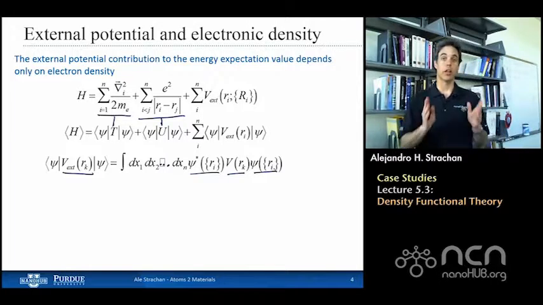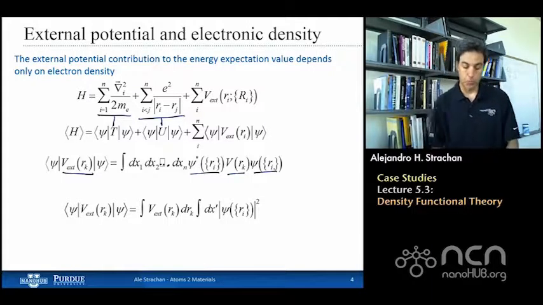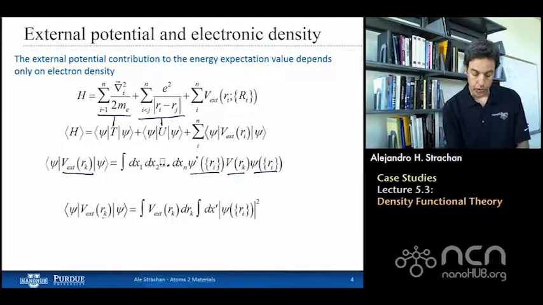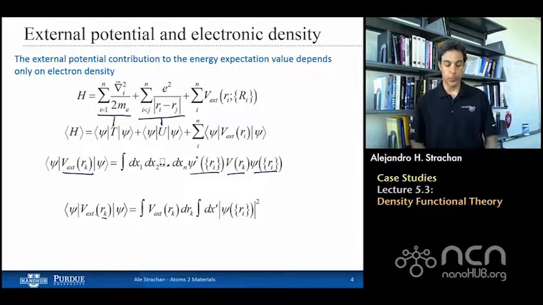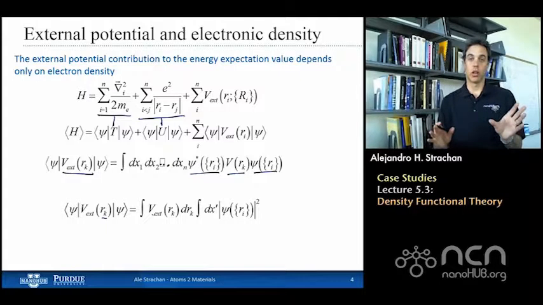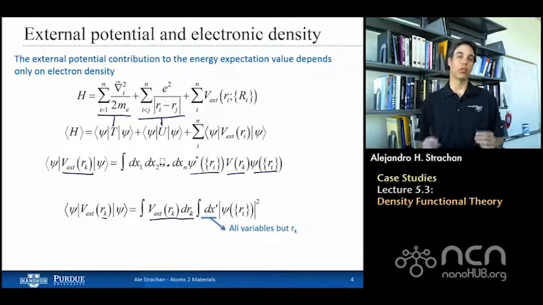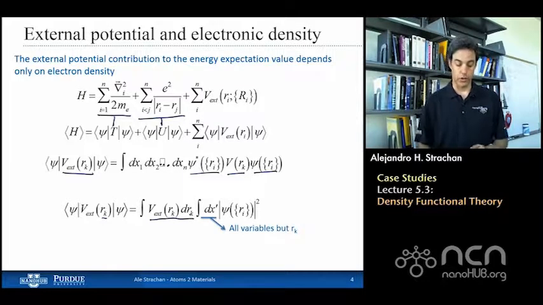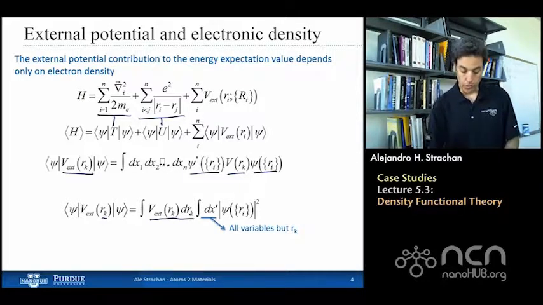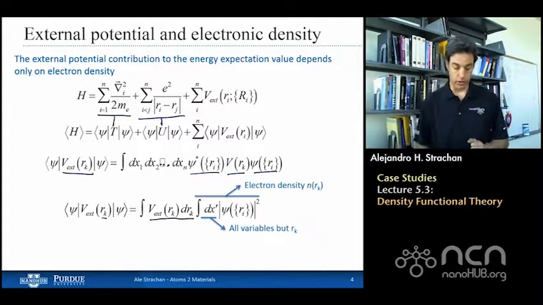So I'm calculating an expectation value. Now, the potential depends on only one variable, so let's single that out. I have the potential of variable k. I'm going to separate my integral. I'm going to integrate over k here, and then all the other variables except r sub k are going to be integrated in the second part of the equation. Now, if you look at what we have there, that's the definition of electron density.